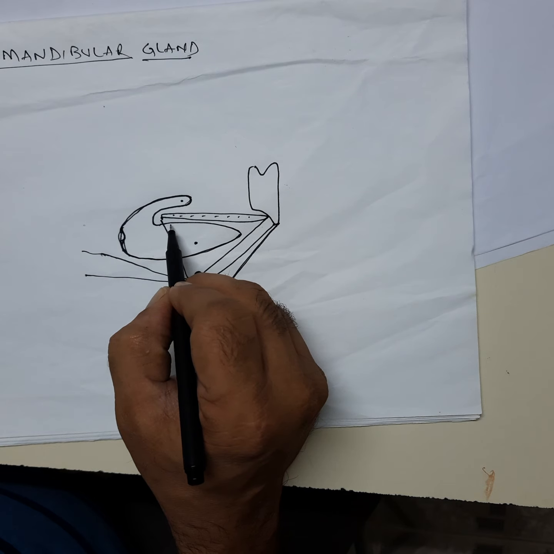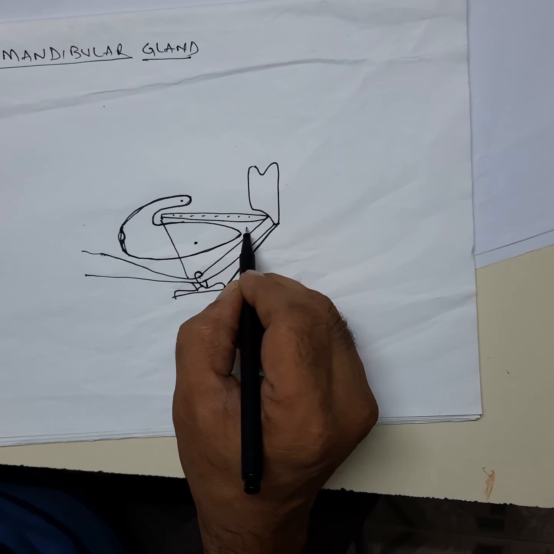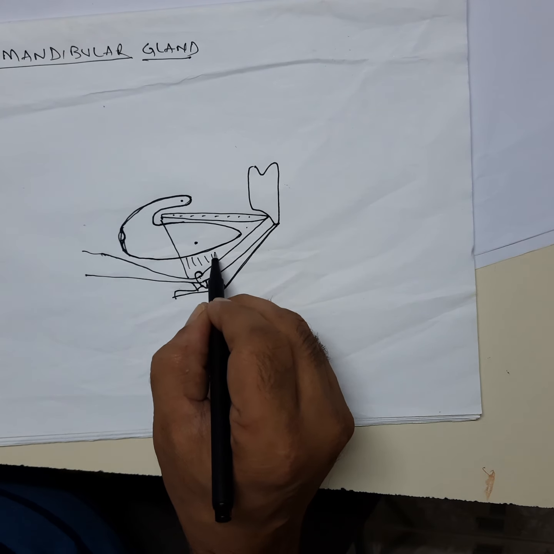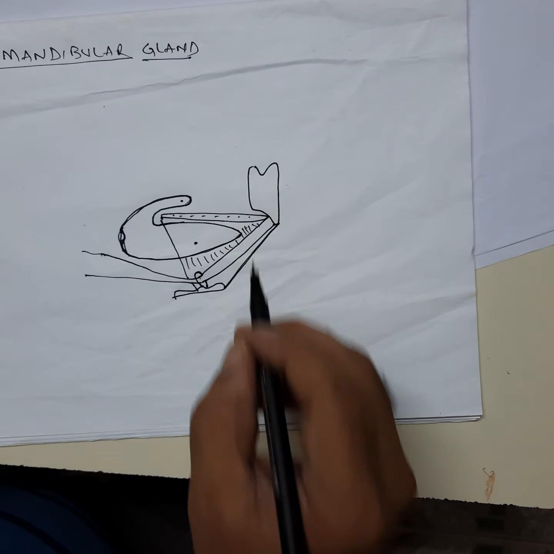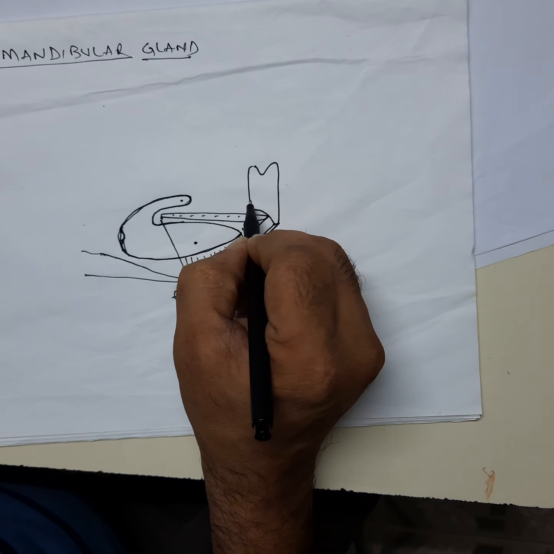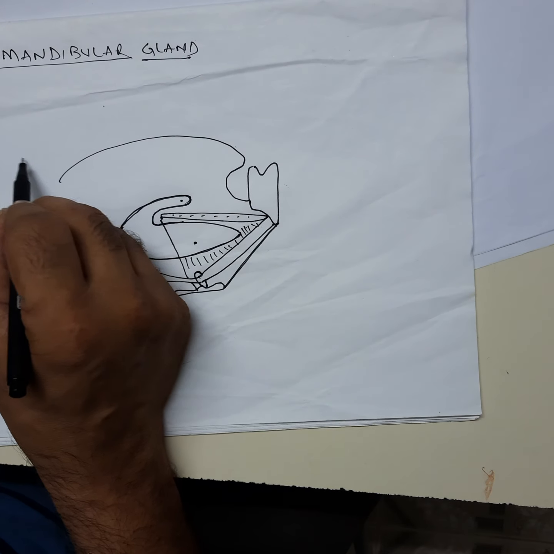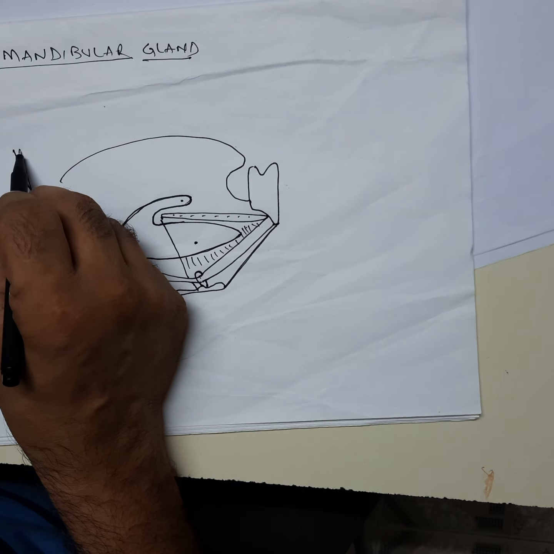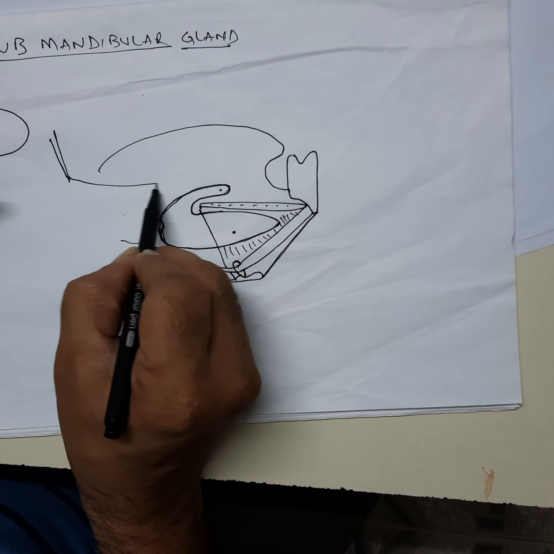Both parts are continuous around the posterior border of this mylohyoid muscle. So, this is the mylohyoid muscle, and this is the tongue muscle from here, and here is the styloid process, and from there we have the styloglossus muscle.